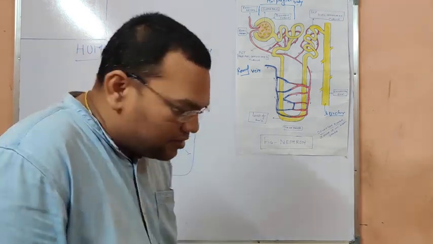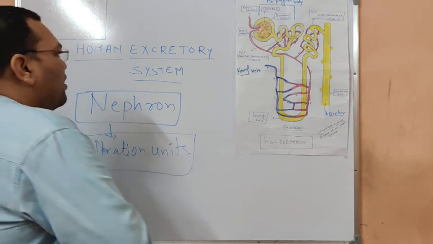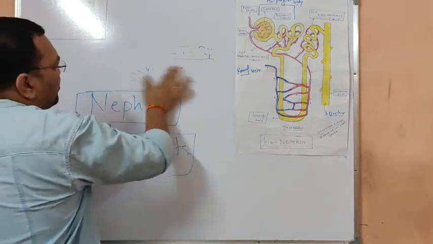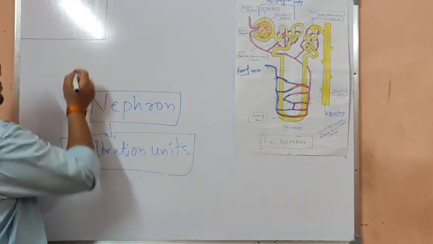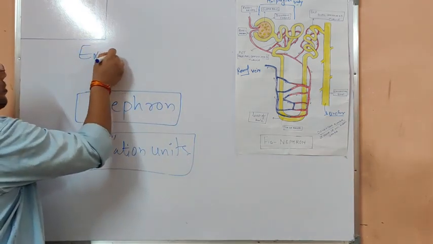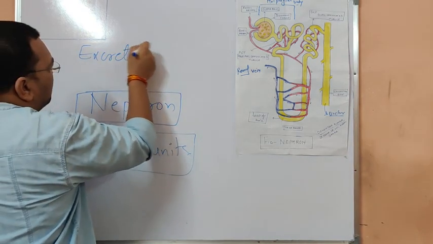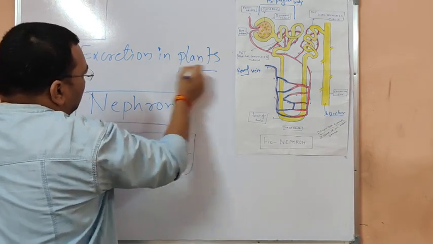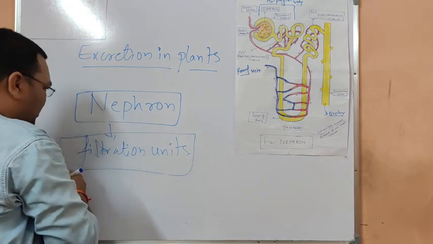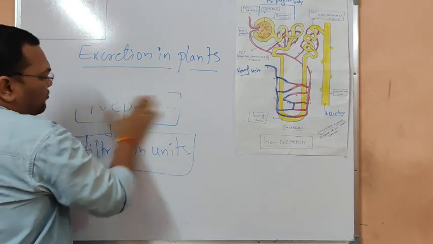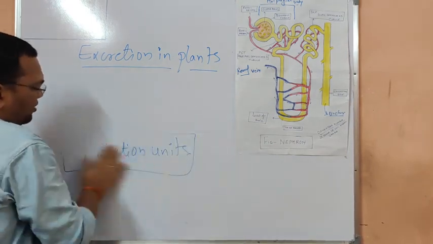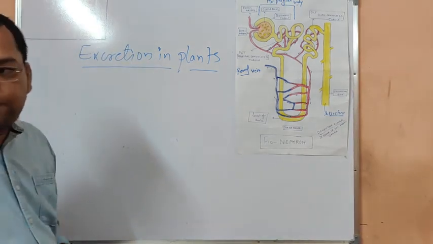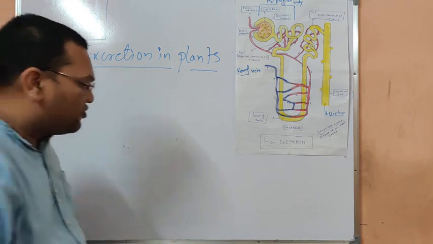Now the next topic is how the plant excretes. Excretion in plants. The next topic is the excretion in plants, and for that also I have some notes for you.